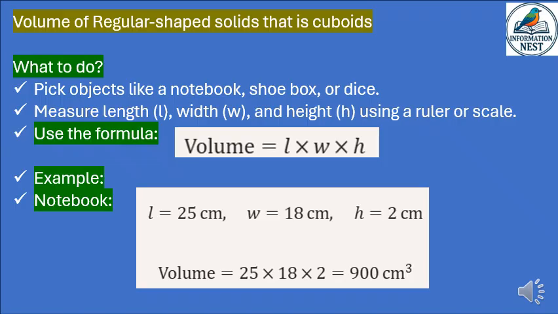Volume tells us how much space an object takes up, not just on the surface, but inside too. So yes, your notebook is secretly a 900 centimeter cube champion. So if you see a boxy object, don't just look at it, measure it, multiply it, and reveal its hidden volume.